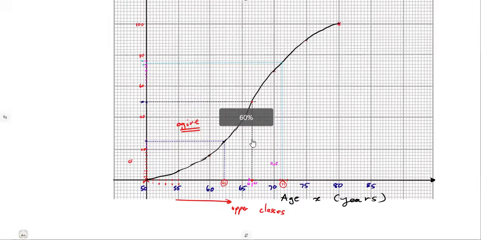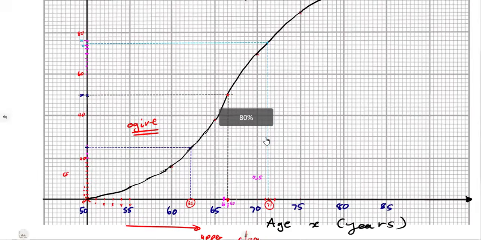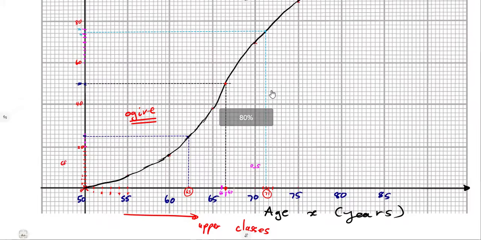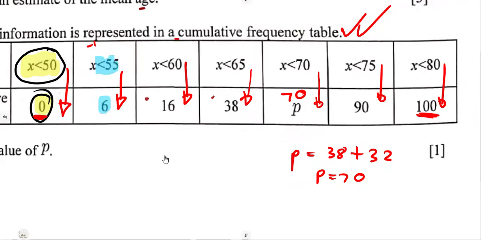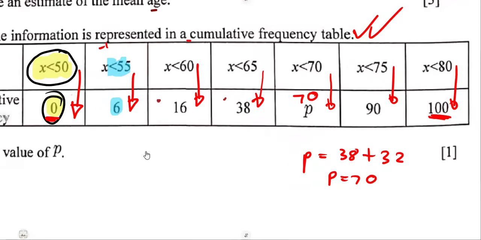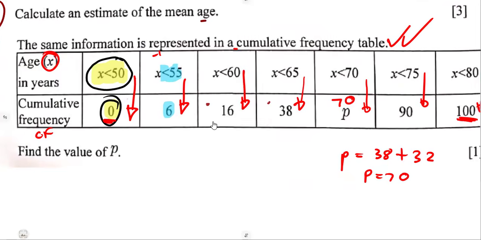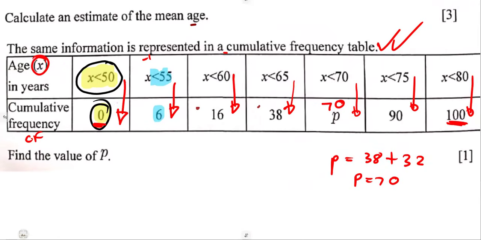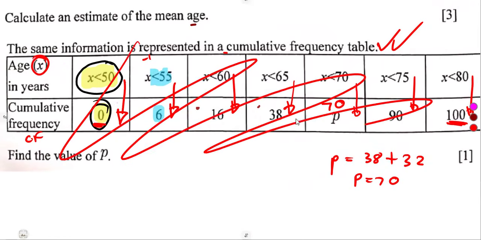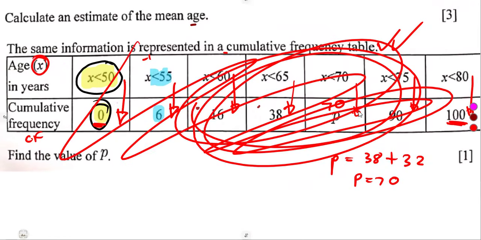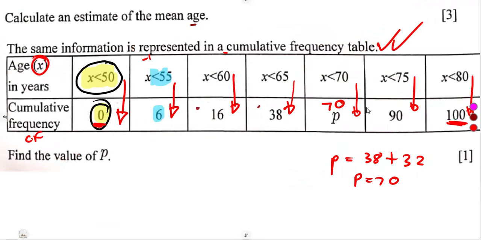Once you've got these, this graph can be presented. Make sure that you mark the points properly as they are given from the table of the cumulative frequency. Meaning to say, if this table was not given, you are going to create your own. It is not always where they are going to give you this table.